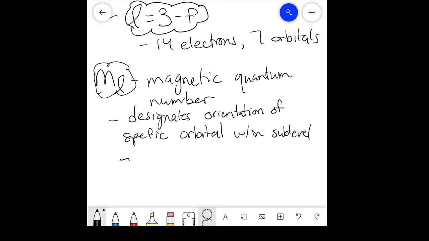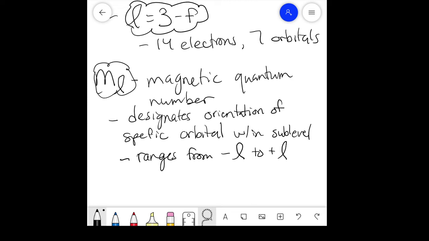So M sub L ranges from negative L to positive L as integers. So if you are in sublevel S, remember L equals 0, so M sub L would be 0. But if you have L equals 2, which is your D, you'll have negative 2, negative 1, 0, don't forget 0, 1, 2.